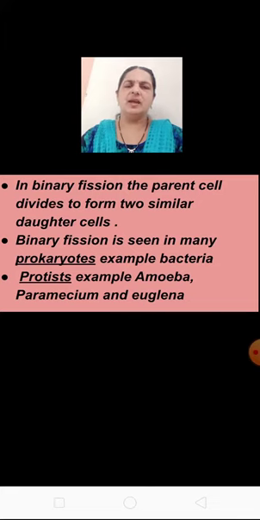In this lesson we will see the examples of amoeba, paramecium and euglena. That is what is meant by binary fission: just a division of the parent cell into two similar daughter cells.